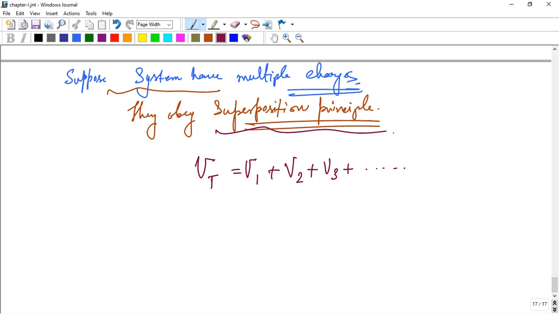Now, what is the relation between electric field and potential? That's a very important point. Okay.